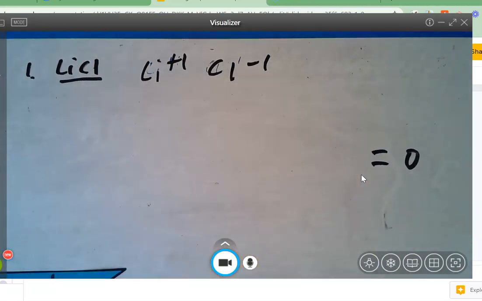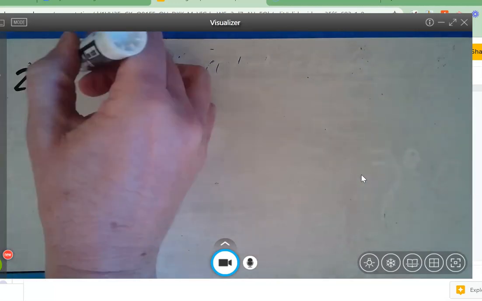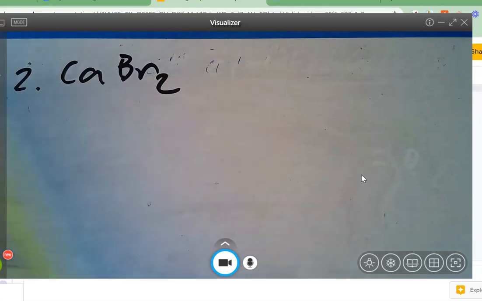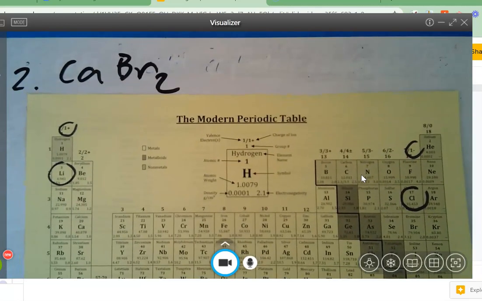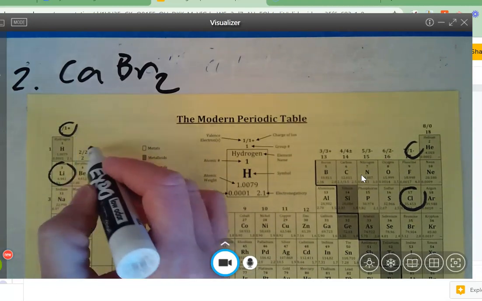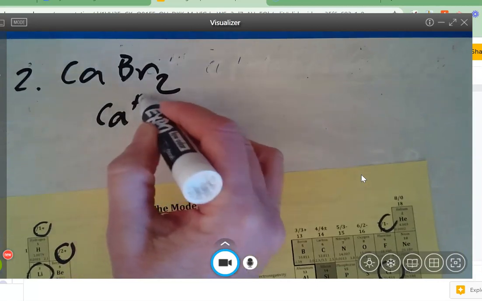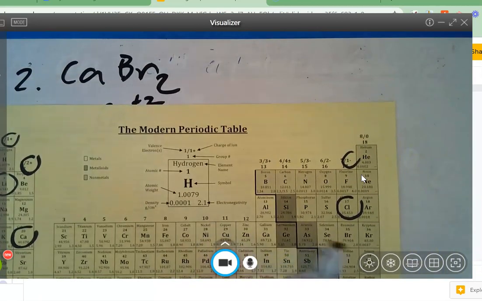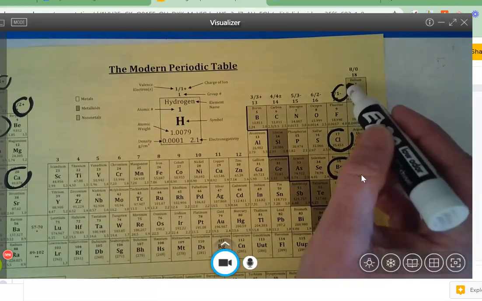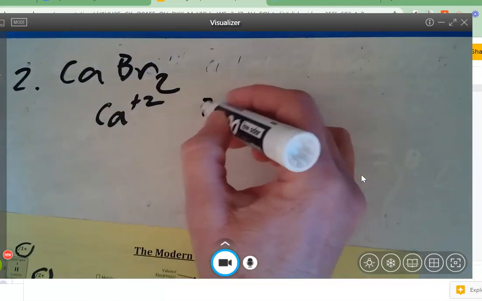All right, let's do this again for calcium bromide. Example 2, calcium bromide. Okay, find calcium on your periodic table. It is right here, has a charge of +2. So calcium is a +2. Bromine is a halogen, and it has a charge of -1, just like chlorine did.